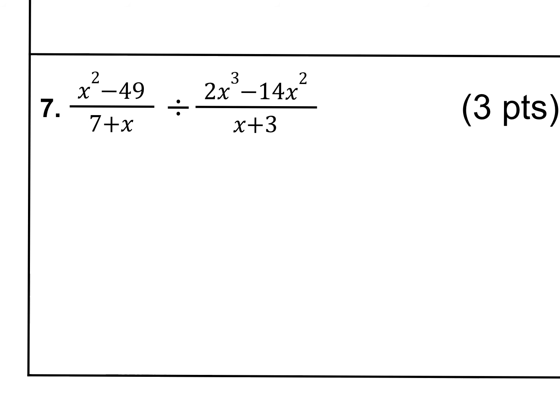So, first thing I notice on number 7 is what? Division. Get rid of it. Okay, we cannot have it. So, first fraction stays the same. Next fraction is flipping.